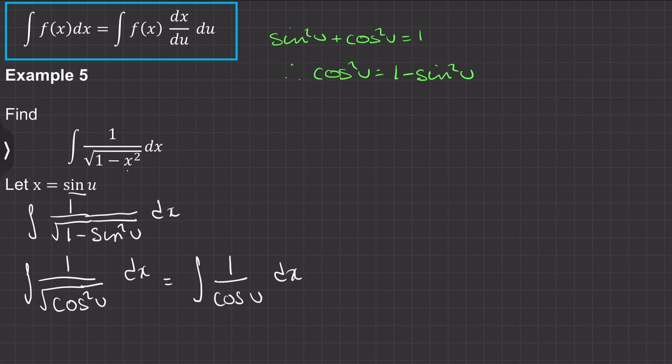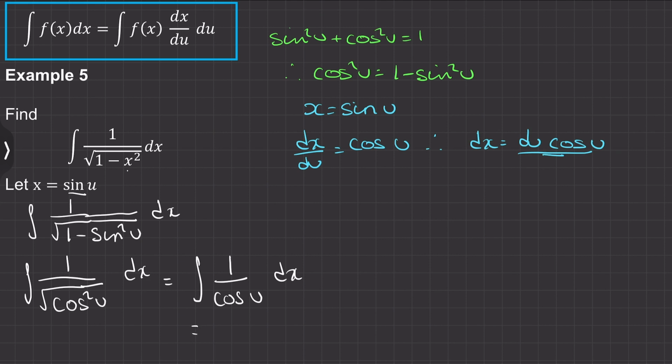So now we need to write this dx in terms of u. So we know that x is equal to sine u, so dx by du will equal cos u. So therefore, dx will equal cos u du. And this is what we'll substitute back into our integral.